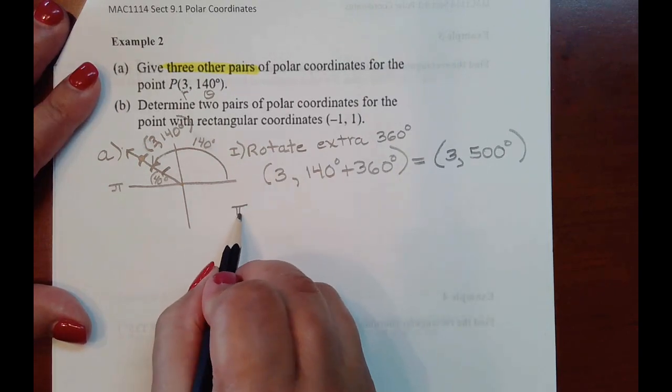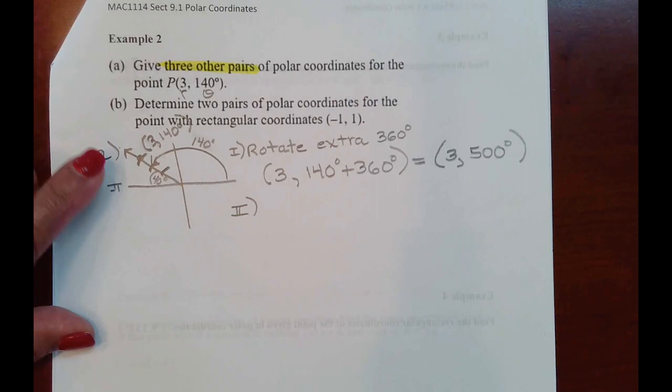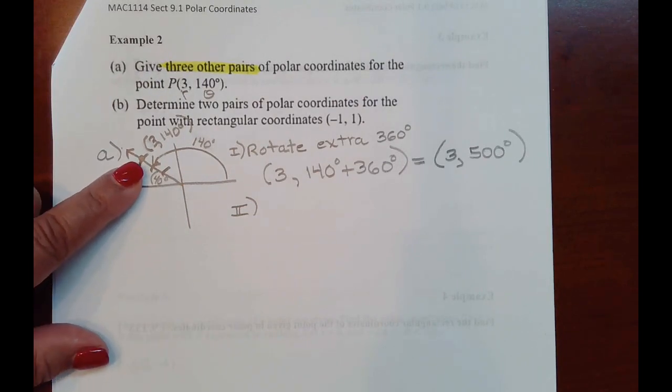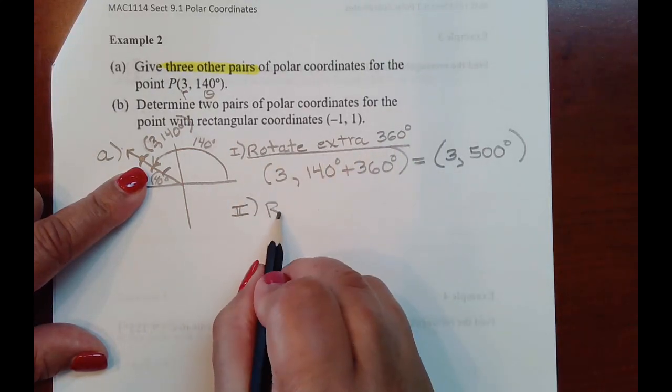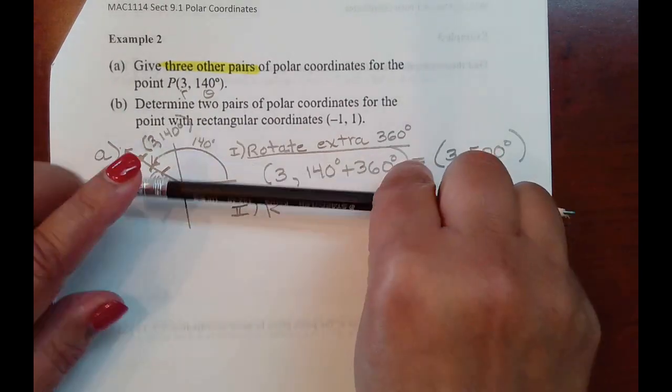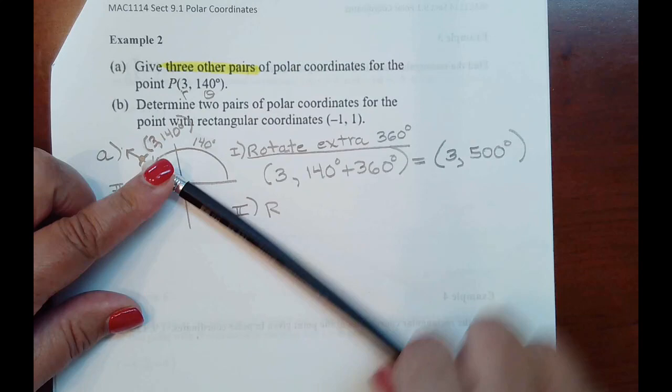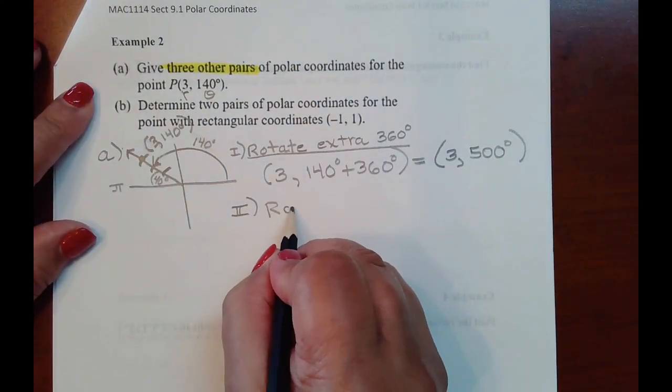Okay, another answer that we can come up with that will make you land right on this same position, 3, 140, is if we rotate backwards. Instead of rotating this way, counterclockwise, we could rotate clockwise in a negative fashion.